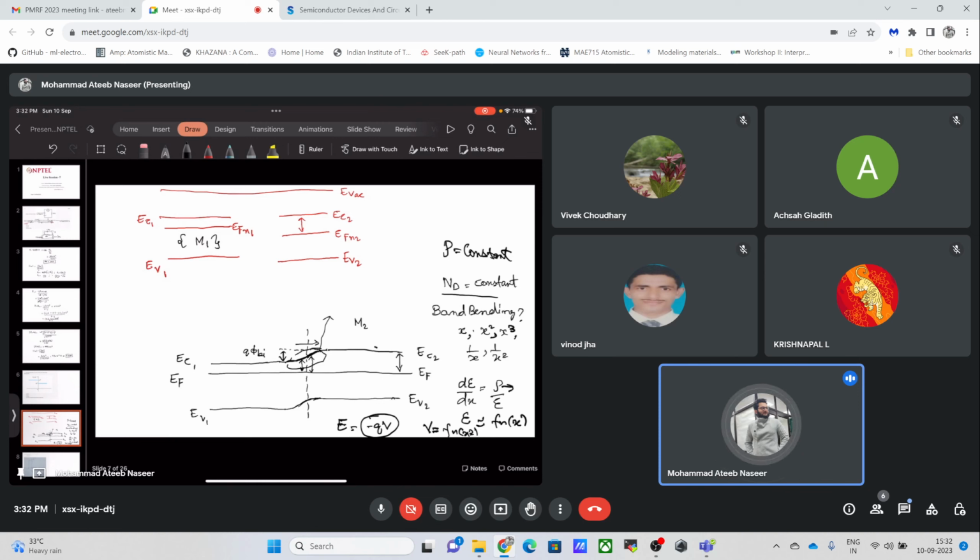So the shape will be quadratic for this pn junction. Let us keep these things in mind while solving.